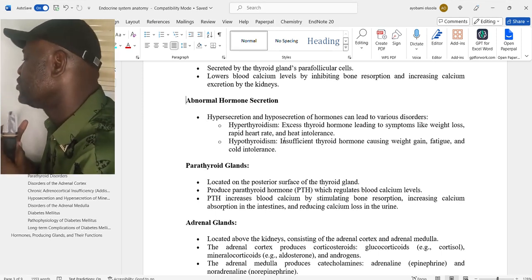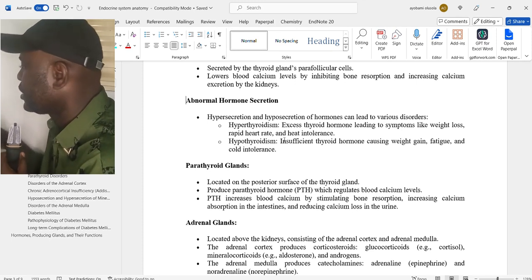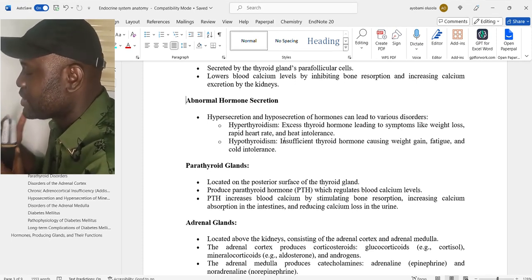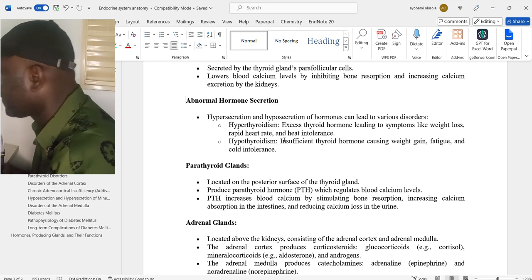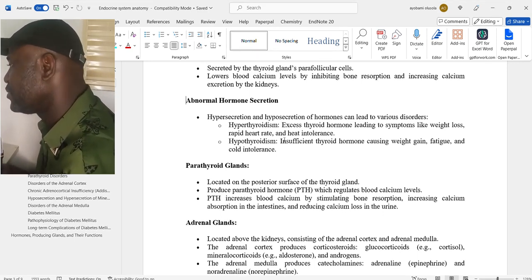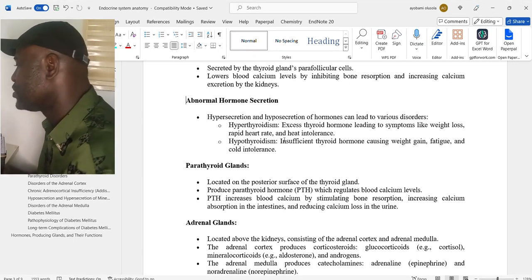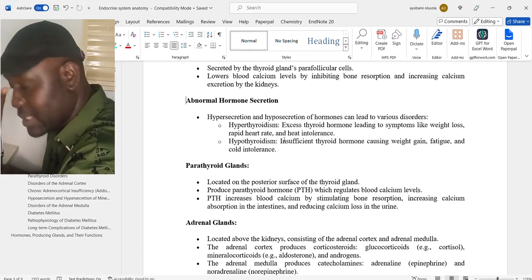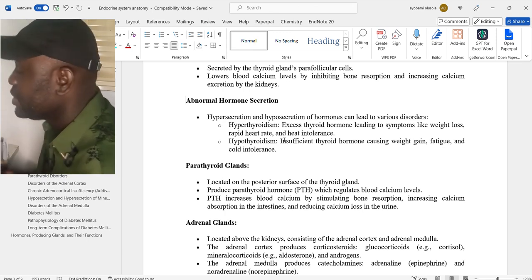Now you see, most of these endocrine glands can have disorders or diseases, and these disorders are usually due to hypersecretion or hyposecretion of the hormone, and this can lead to various disorders.